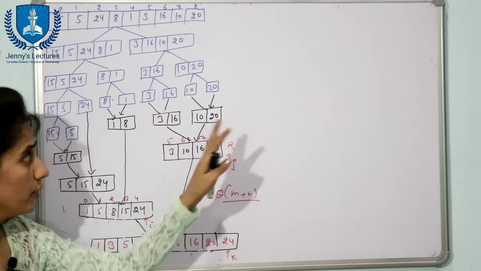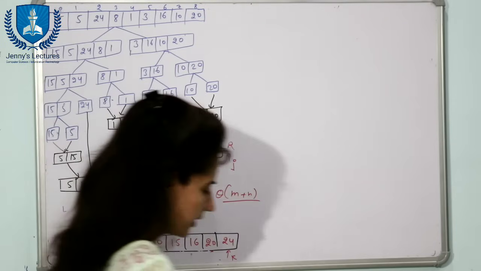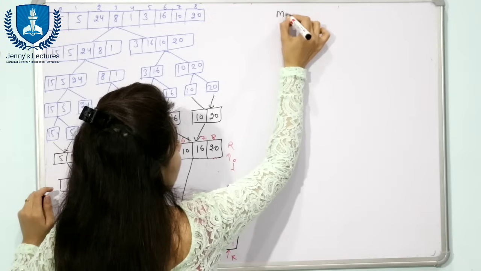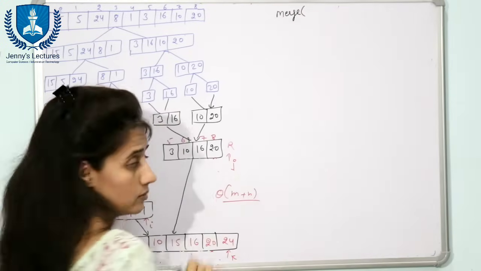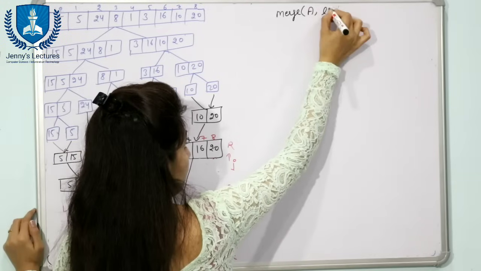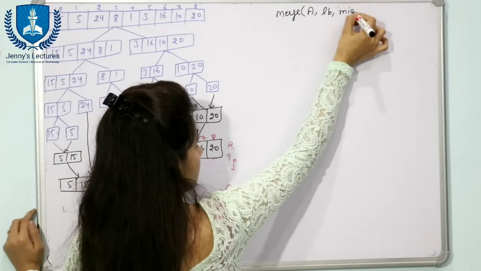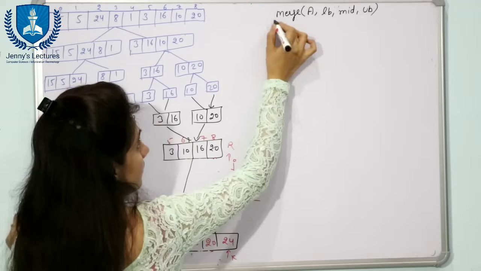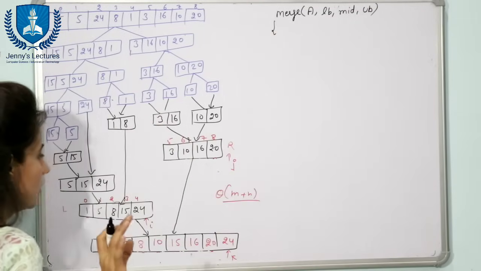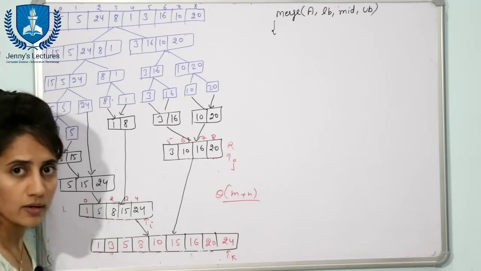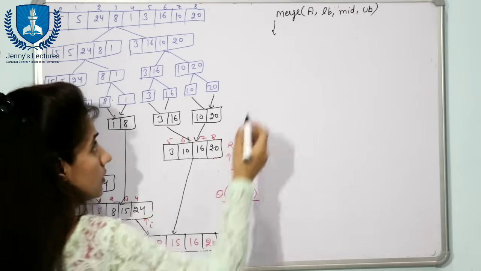Fine. So now if you write down the code for this merging technique, how will you write it? See, we have a function merge, with the array. We are going to pass lower bound, then mid, and then upper bound. Fine. Now next, we are going to take I, j and k, 3 variables.